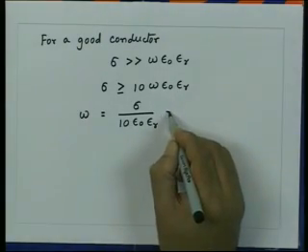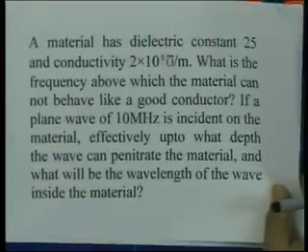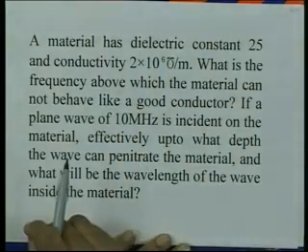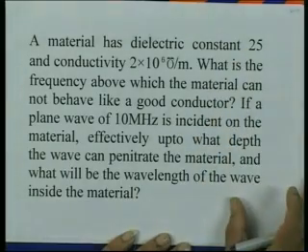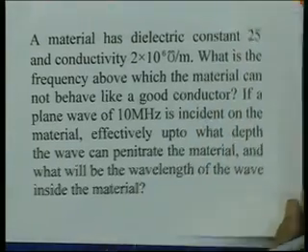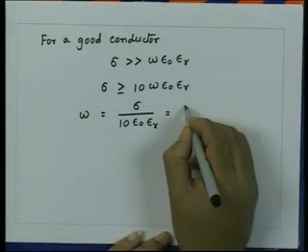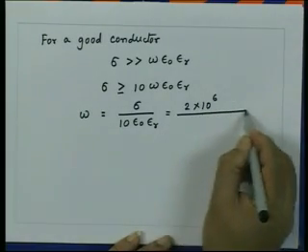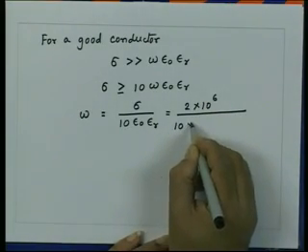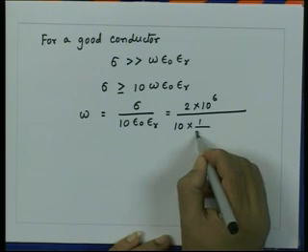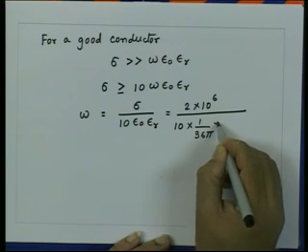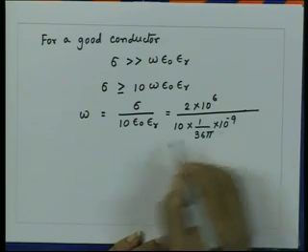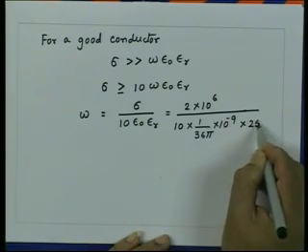So, I can substitute now the values for sigma and epsilon r given here. Sigma is 2 into 10 to the power 6 mhos per meter, and the dielectric constant which is epsilon r, that is 25. So, you can write here 2 into 10 to the power 6 divided by 10 into epsilon 0, which is 1 upon 36 pi into 10 to the power minus 9, multiplied by 25, which is dielectric constant.